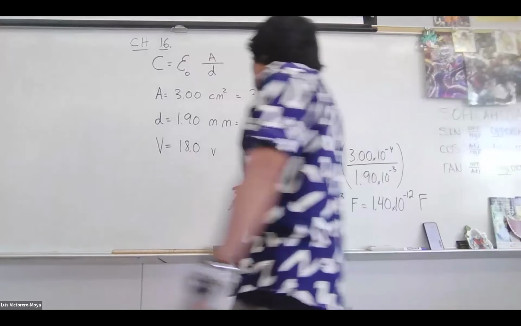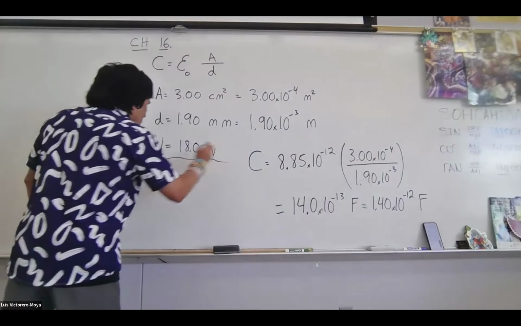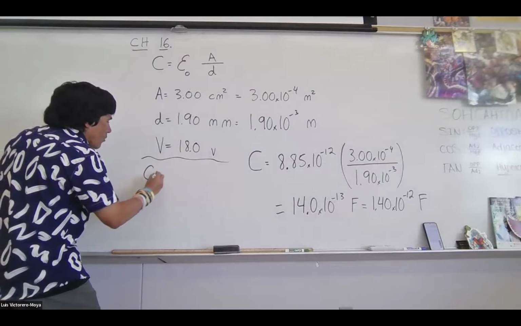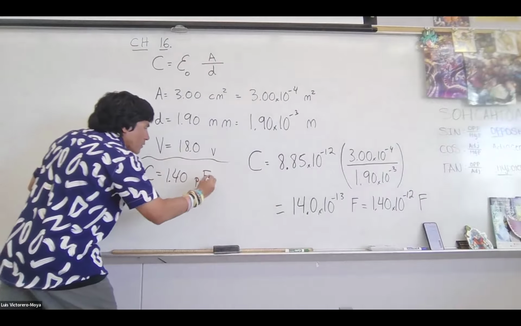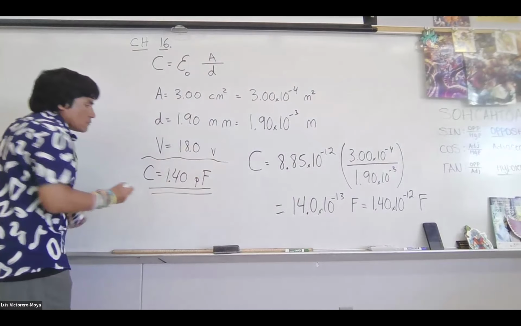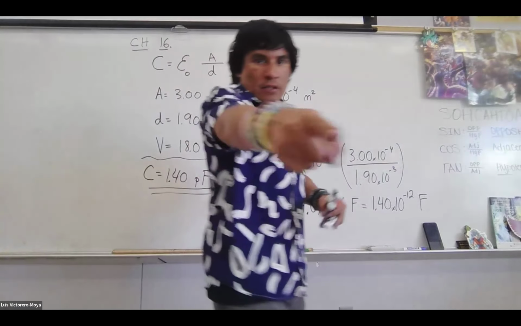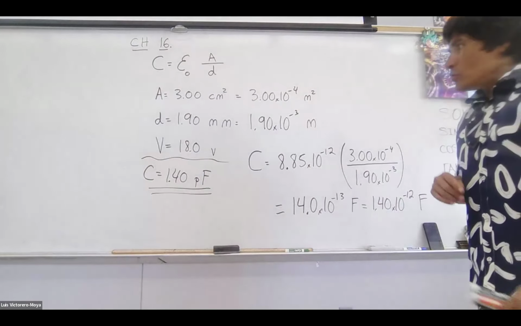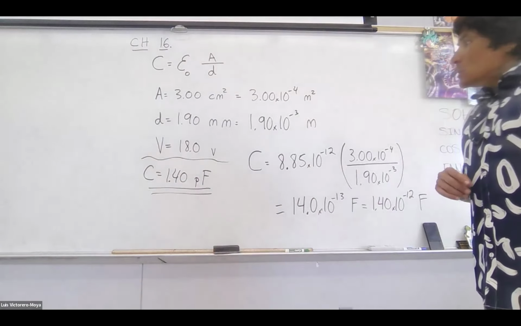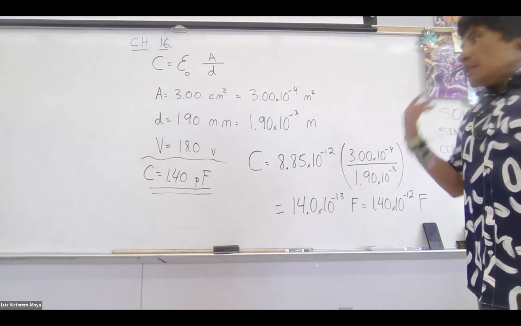Why do I do that? Because 10 to the negative 12 will be 1.40 picofarads. And that's what they want. They want you to do it in pico. And then the charge in picocoulombs. You see how you didn't use the voltage? Now I'm going to need it.